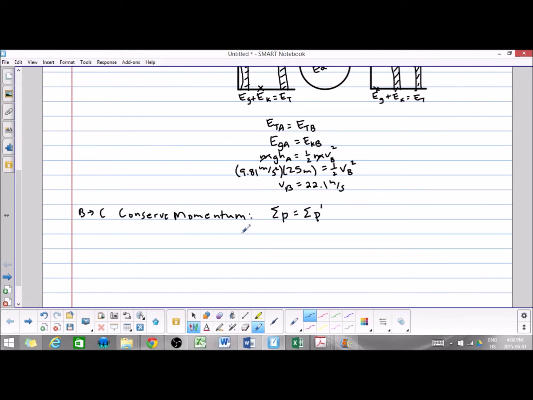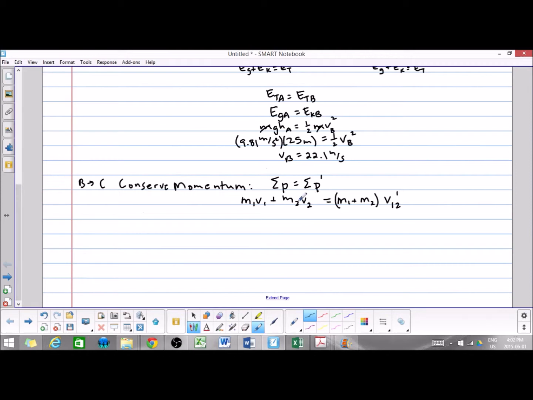So the momentum has to be the same before and after. So M1 V1, the first guy, plus M2 V2 is equal to, well, they join together after the collision, so we can put their masses together. The total mass times their common speed. And we know that V2 is 0. The original guy was at rest.